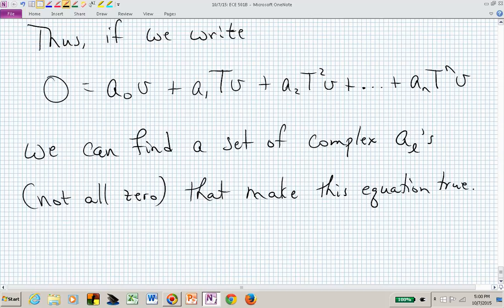Does everybody buy that? So now I can find some a's that are non-zero that allow me to set that equal to 0 with these n plus 1 vectors.